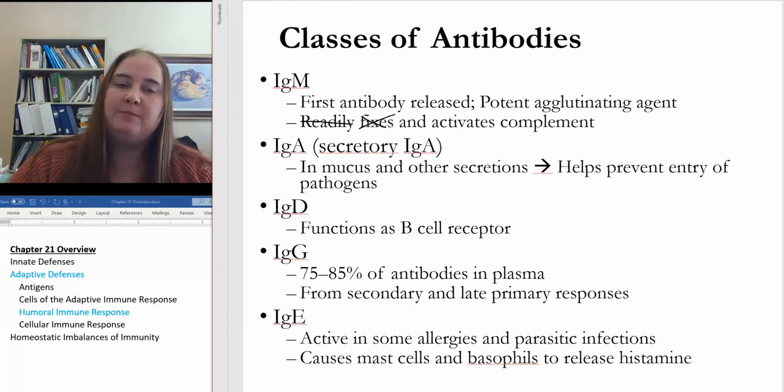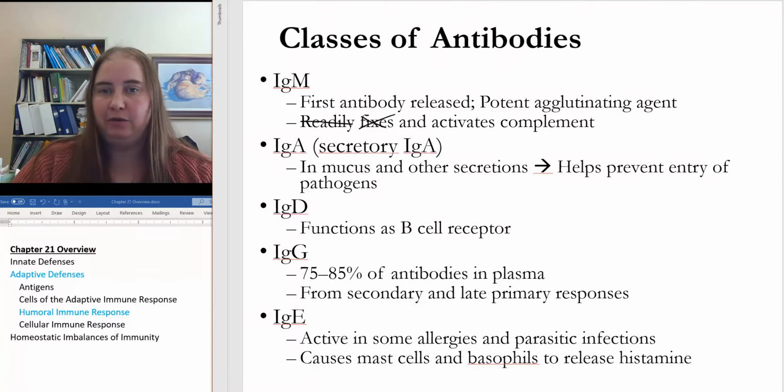So if an infection's been around or you've seen the infection before, you'll see a whole bunch of IgGs. And IgEs are active in allergic and parasitic infections. These are the culprits that cause our mast cells and our basophils to release histamine during an anaphylactic reaction.